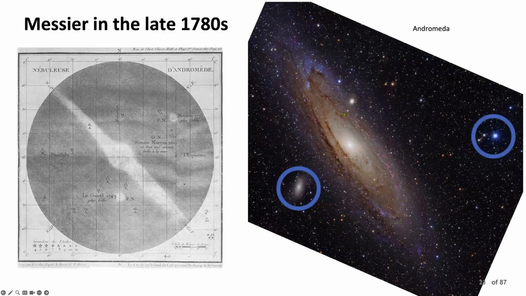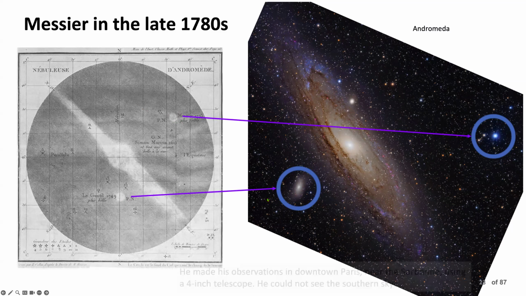And here's a modern picture taken by the Hubble Space Telescope of Andromeda. You see it's a great spiral. Our galaxy looks very much like this. And it has neighbors, these small mini galaxies that are attached to it by gravity. And so you can see here, he drew this, which is that, and he drew this, which is that.